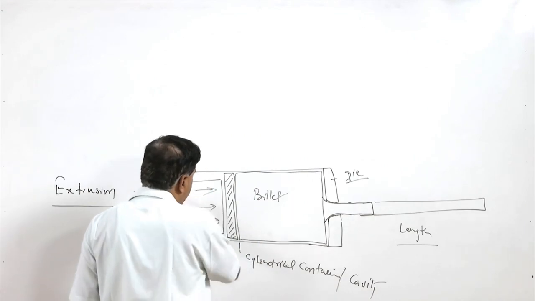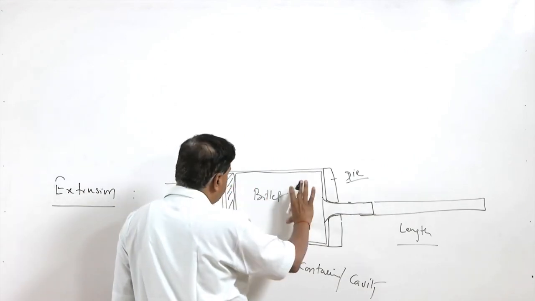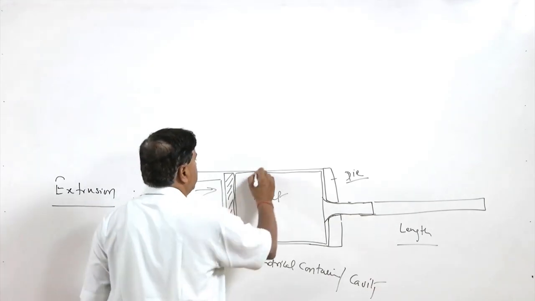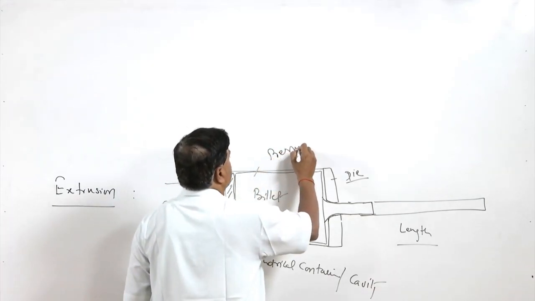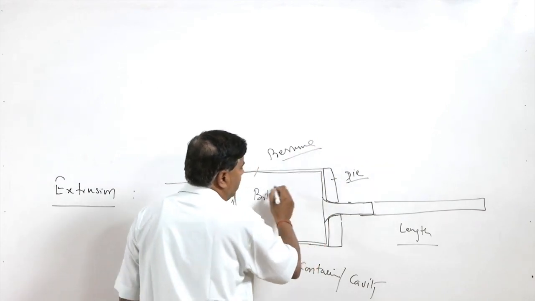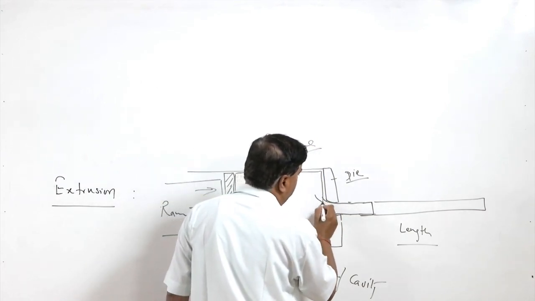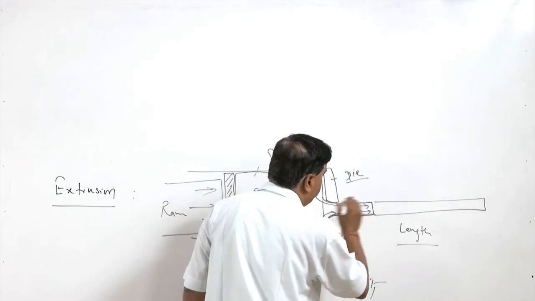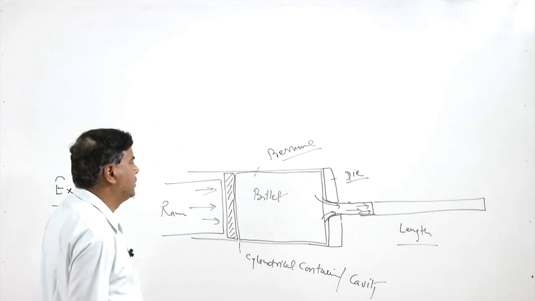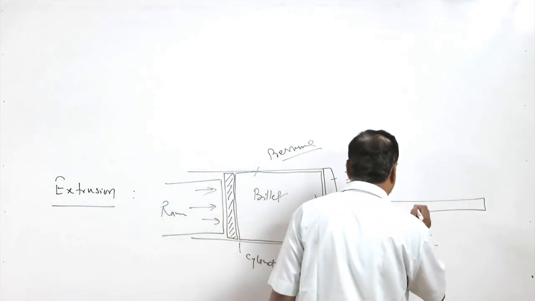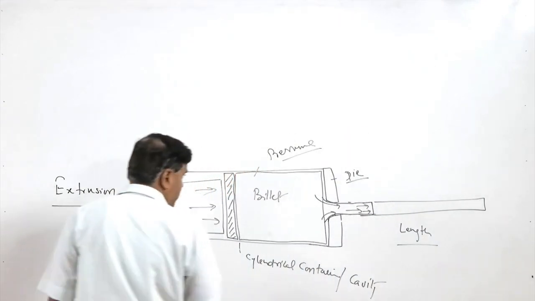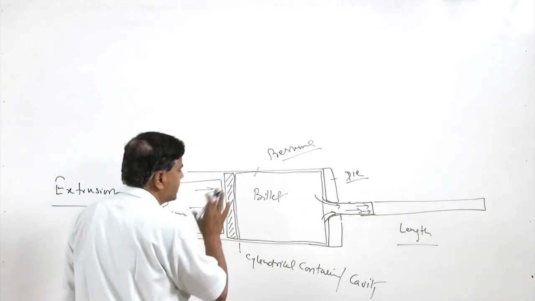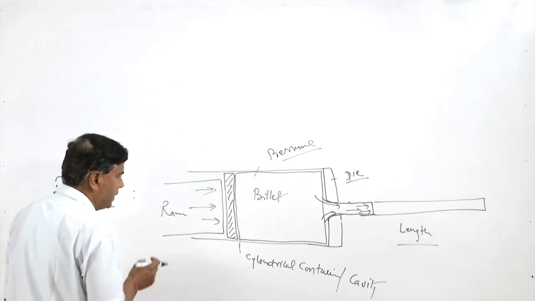As the billet is pushed with the help of the ram, it is pressurized, and under the pressure metal starts flowing out of the die and takes the shape of the opening in the die in order to produce different shape cross sections. This is the basic and simplest approach used in the extrusion process.